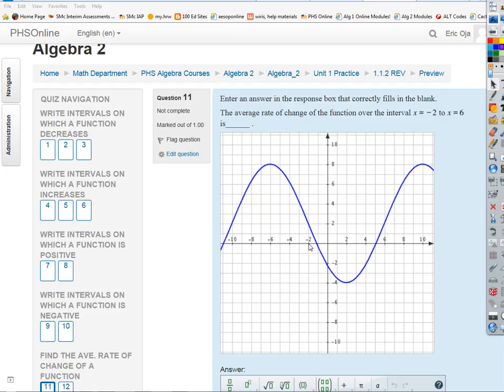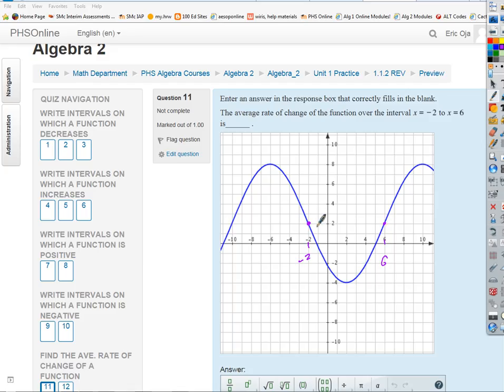At x equals -2, that's right there. We go up, and there's the point on the graph. At x equals +6, there's the point on the graph. All I have to do is find the rise over the run, the slope, between those two points.